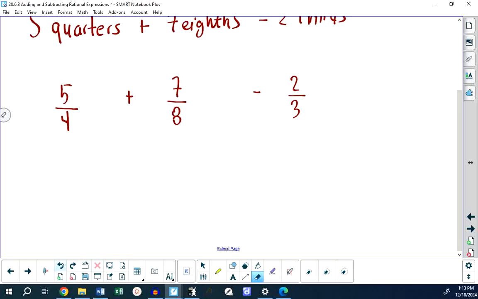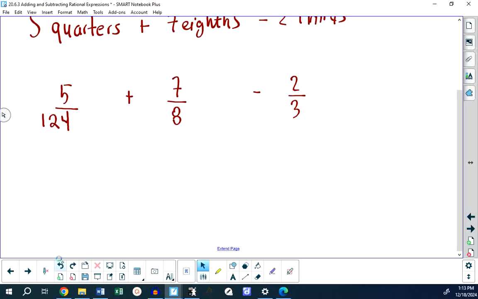But, you know, what if it were something like this? I think it's probably pretty obvious that nobody sees what the common denominator is. I don't. If you do, congratulations, but I don't. So how do we confirm that it's 24?